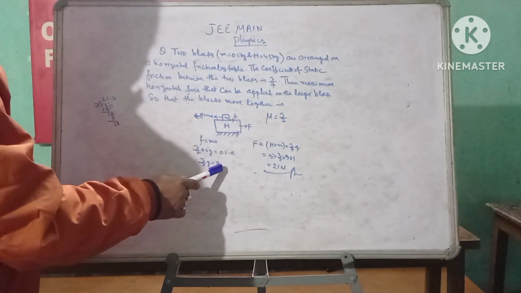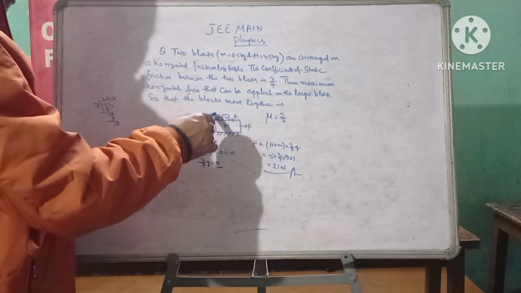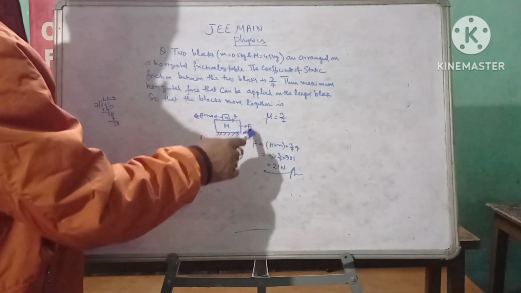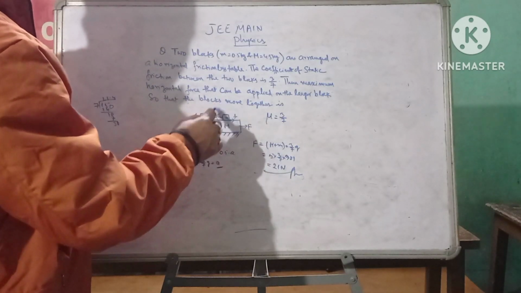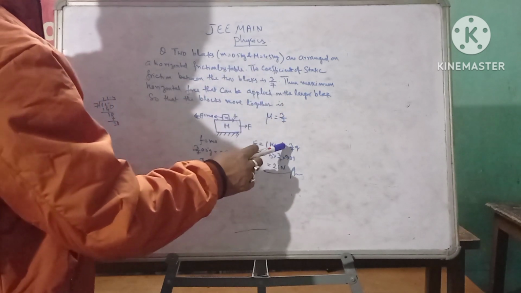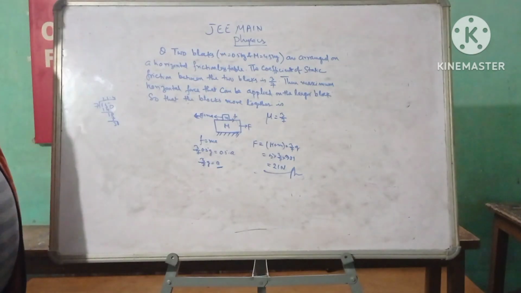From here we get this acceleration a, and since the whole block is moving together, they will have the same acceleration. So F is equal to the mass, considered as one piece, 4.5 plus 0.5, into the acceleration, so your result is 21 Newton.